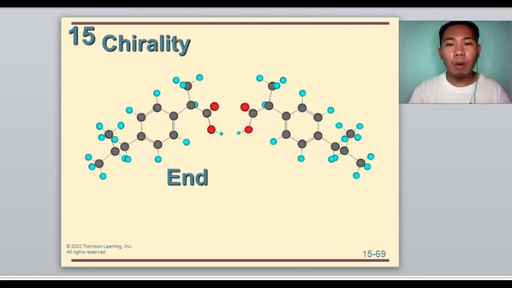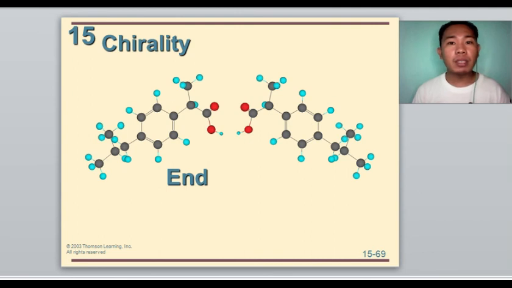What is optical activity, and how is chirality detected in the laboratory? Light with waves that vibrate in only one plane is said to be plane polarized. We use an instrument known as a polarimeter. A compound is said to be optically active if it rotates the plane of polarized light.